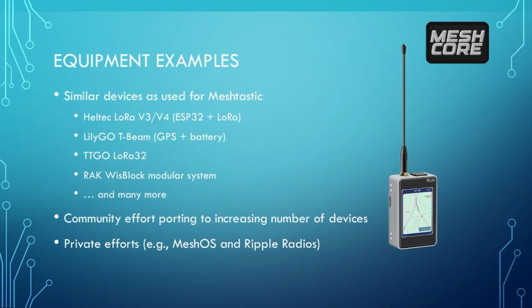And if you have the right software, you can get maps on the display and see your location and nodes around you on the built-in map. And it's a TFT touchscreen too, which is really cool. I don't work for Heltec, but I'm on my 4th one coming in. Slow boat from China. I mentioned before, it's a community effort porting to increasing number of hardware.